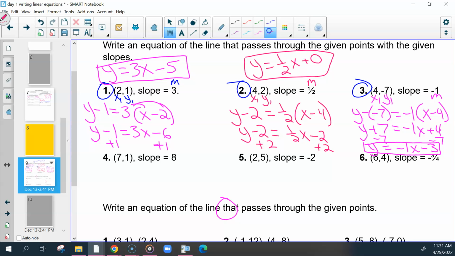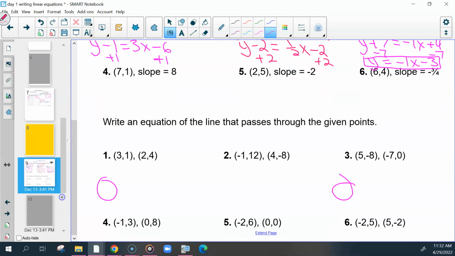Now we're going to try 3 of the ones below this, and then you'll have time to practice.